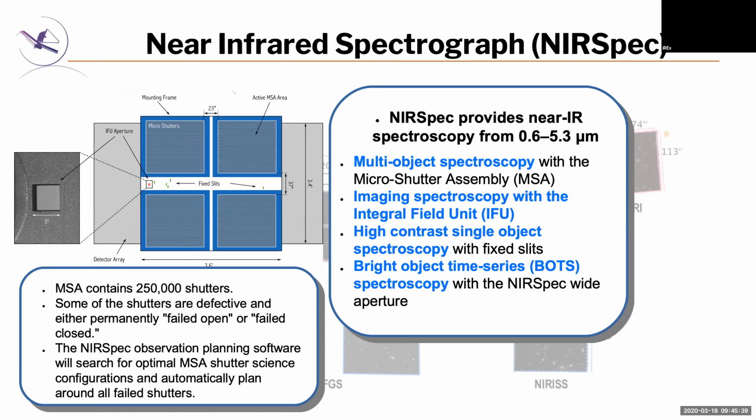You see on the very left the field of view of the IFU of NIRSpec. So if you are doing integral field spectroscopy, the light goes through this square box and then through a splitter and then through gratings, and it's projected on the detector.